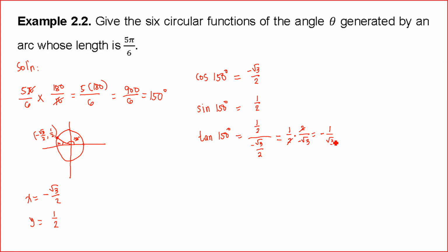And since this is in radical form, we can rationalize this one. Square root of 3 over square root of 3, so what we have here is negative square root of 3 over 3. So that's our tangent.